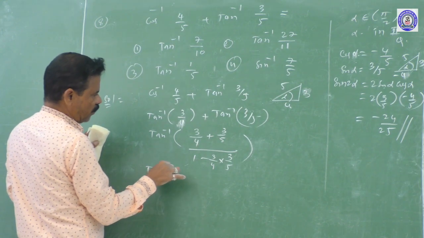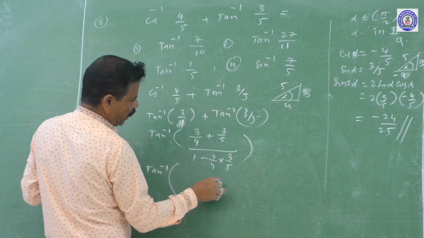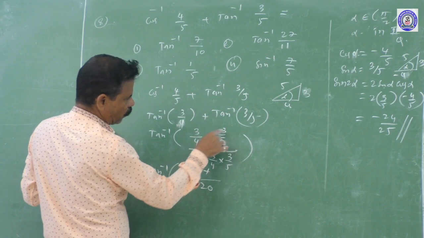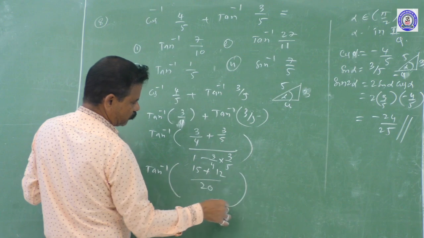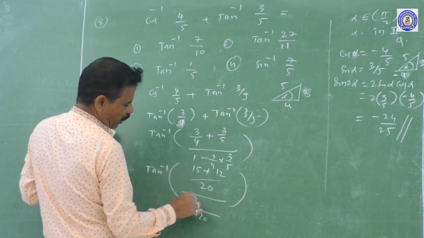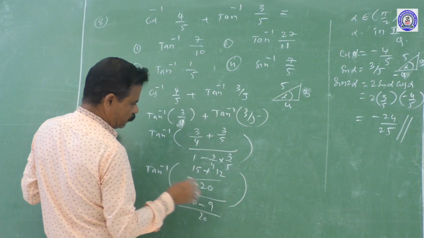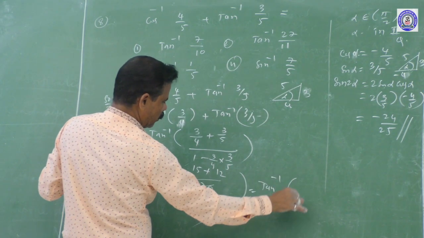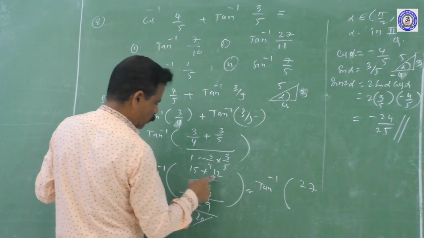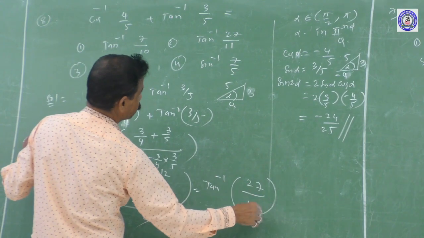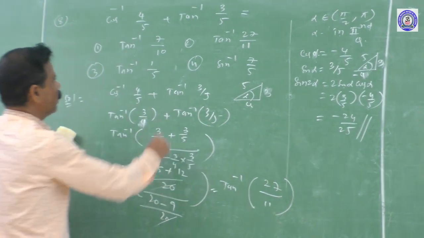So from this, tan inverse of, LCM here 20: 5 into 3 is 15 plus 4 into 3 is 12, by 20 minus 9. 20 gets cancelled. From this, tan inverse of 27 by 20 minus 9, 11. Tan inverse 27 by 11 is the right answer.